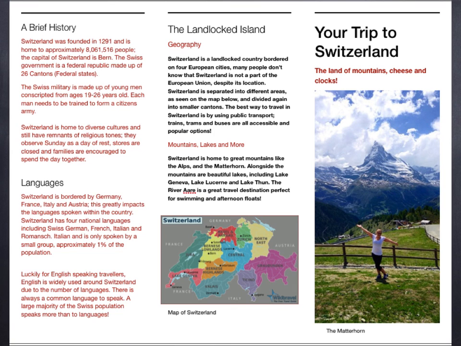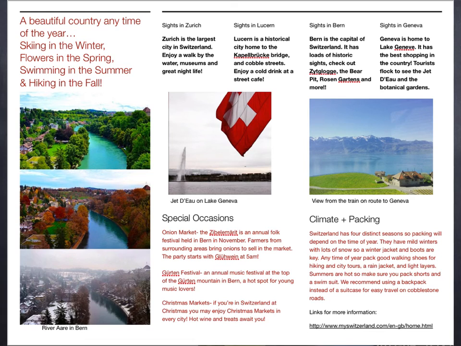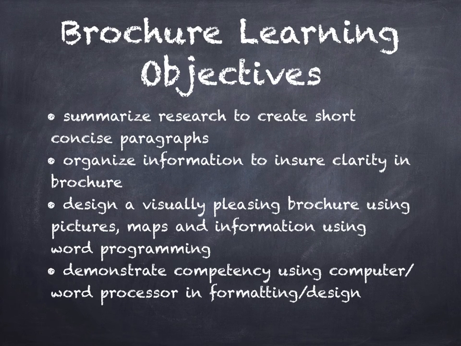So I've included the history and the languages and the geography that is part of the social studies, and also some really nice visuals, and I've formatted it so that it's the colors of the Swiss flag. So the brochure learning objectives, a lot of it, it's summarizing the research, it's making it visually pleasing, using the computer to design their brochure.